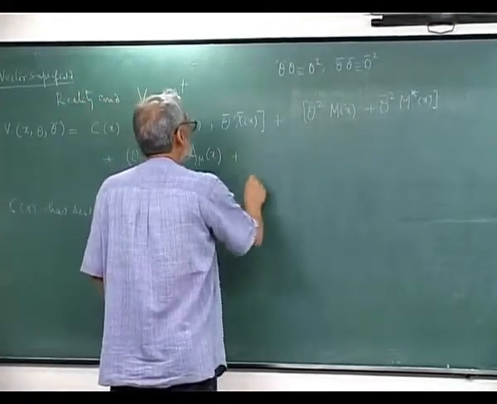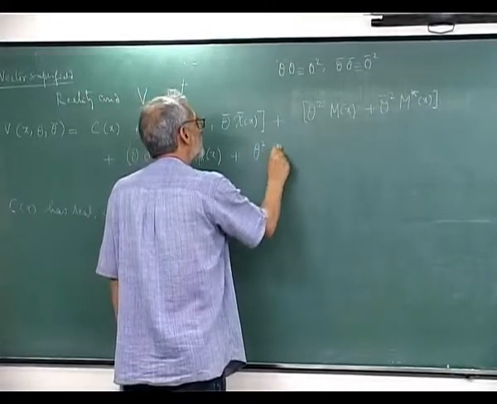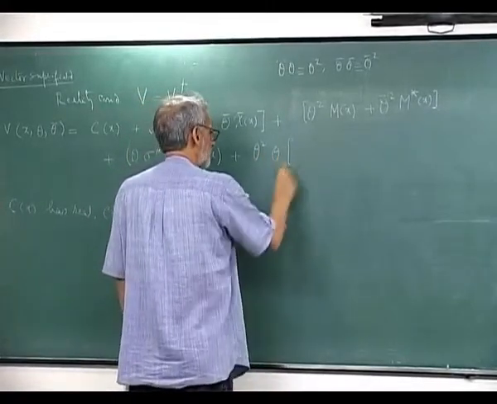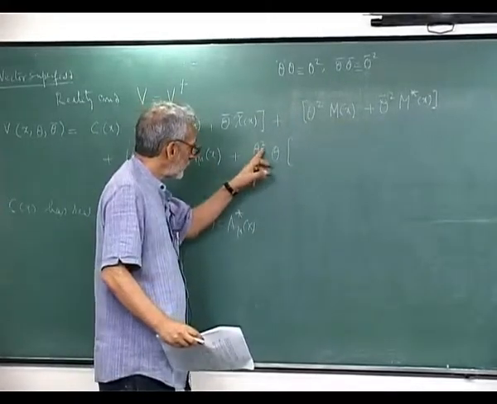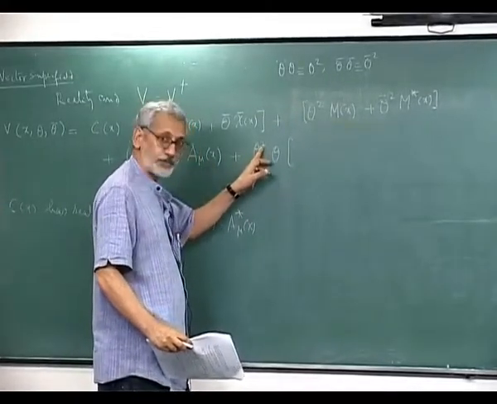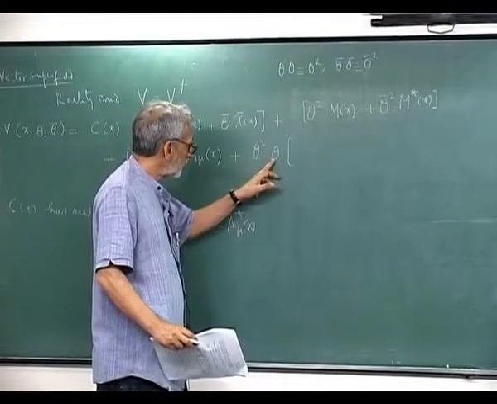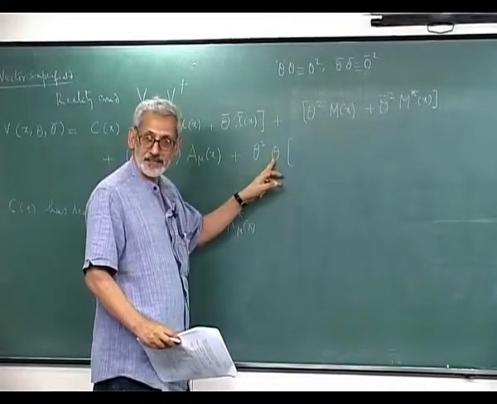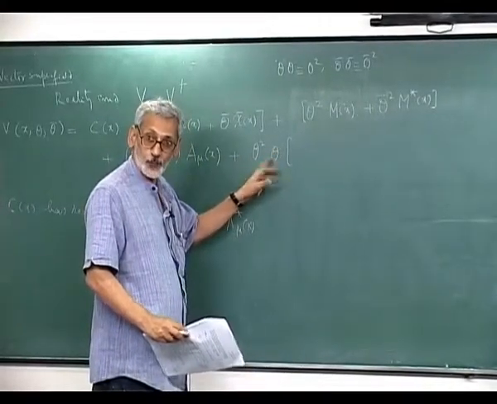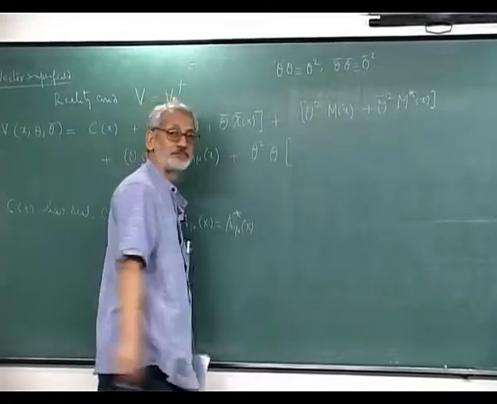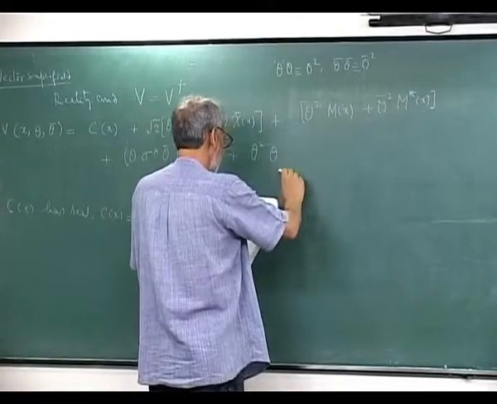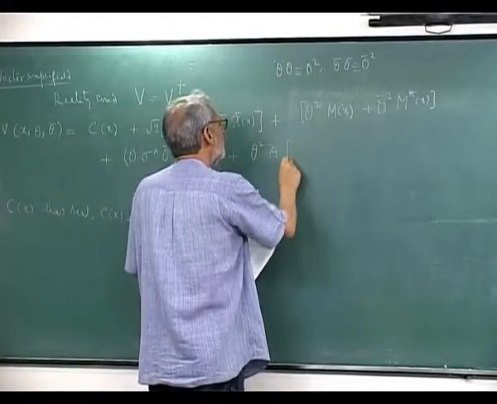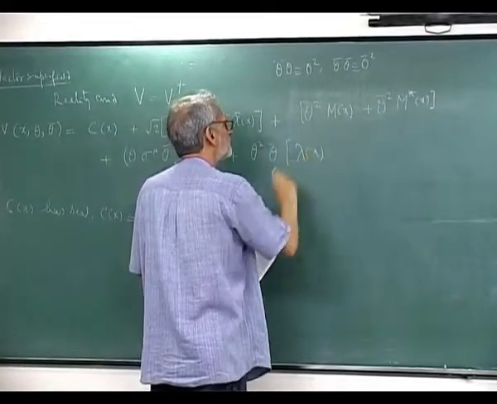Then 3 theta terms. We can have theta square times theta bar. Now theta square is theta alpha up, theta alpha down, and the other factor cannot be theta, because 3 thetas is 0. So this one has to be theta bar times some object, and we'll give it a name, lambda of x.